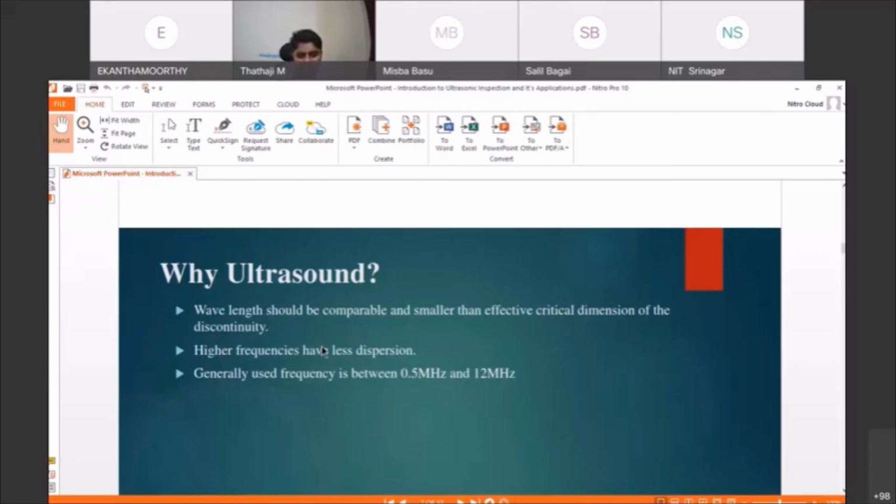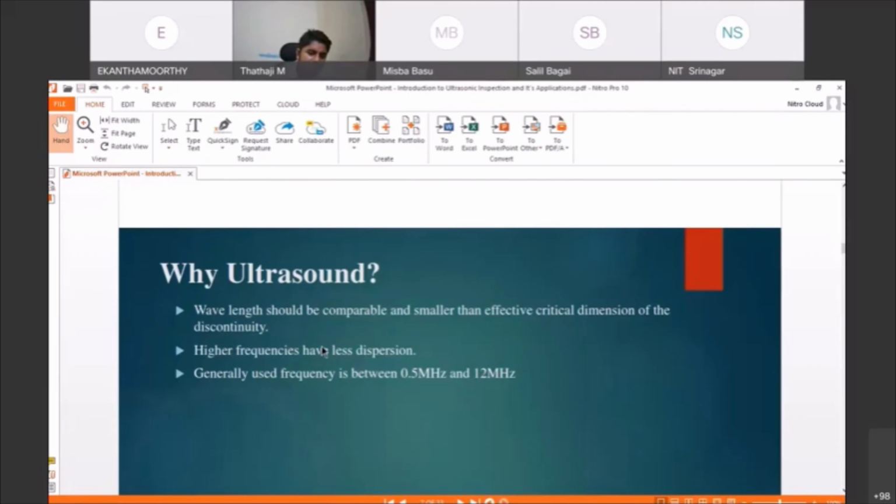For my explanation, why we are choosing ultrasound is because the wavelength is comparable to the critical dimensions of the discontinuity. If you convert that frequency range to wavelength, that wavelength is matching our critical dimensions.